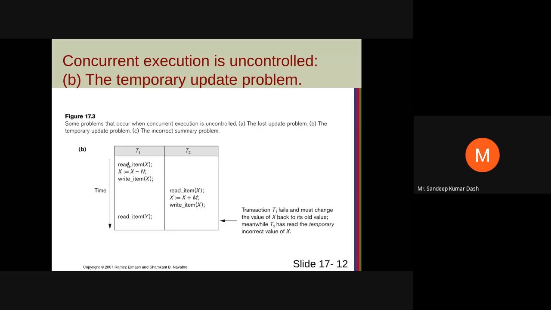Suppose you are withdrawing money from the ATM. You gave 5,000 to be deducted, but there is some problem with the ATM. 5,000 did not come out, but 5,000 is being deducted from your account. What normally happens? Have you experienced this type of case, that money is deducted but money has not come out?